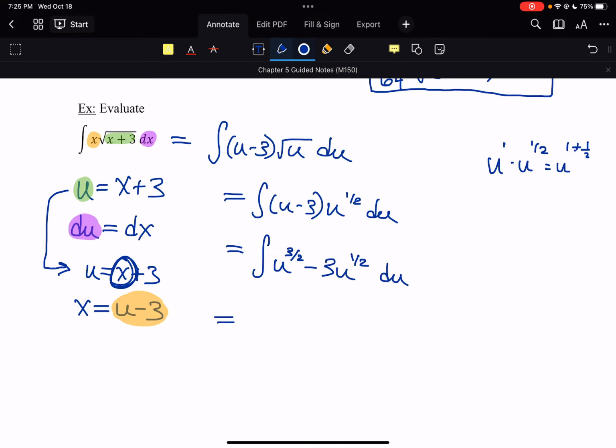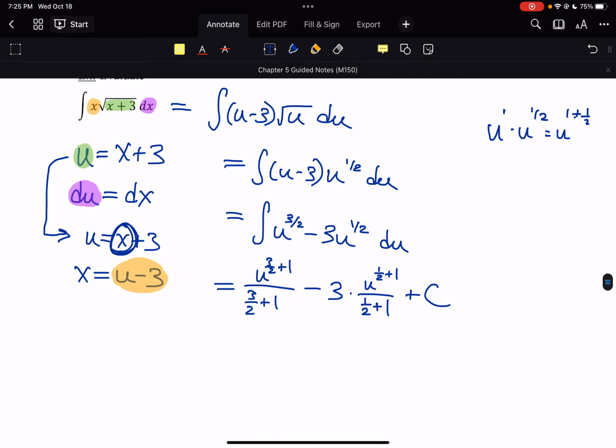And now we need to take the antiderivatives. So we get u to the 3/2 plus 1 over 3/2 plus 1 minus 3 times u to the 1/2 plus 1 over 1/2 plus 1 plus c. So plus that constant, of course.